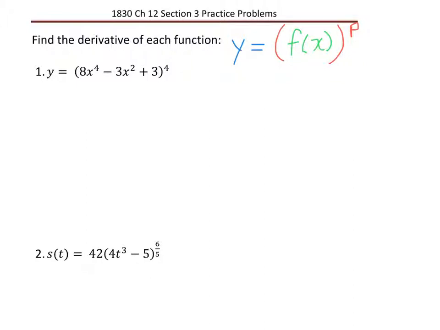Then we find y prime by first finding the derivative of what we call the outside function, which in this case was the power. So we'll bring the power down in front, keep what's inside the parentheses, reduce the power by 1.